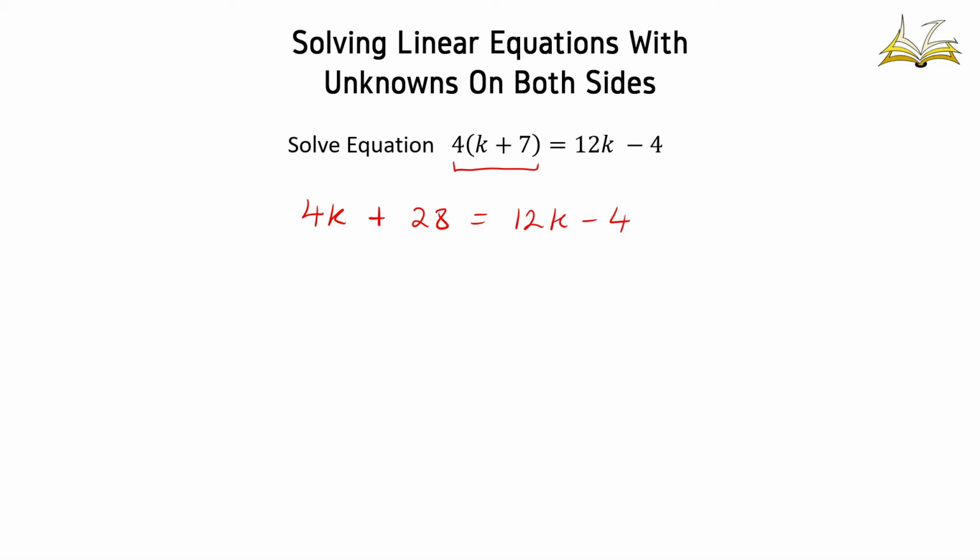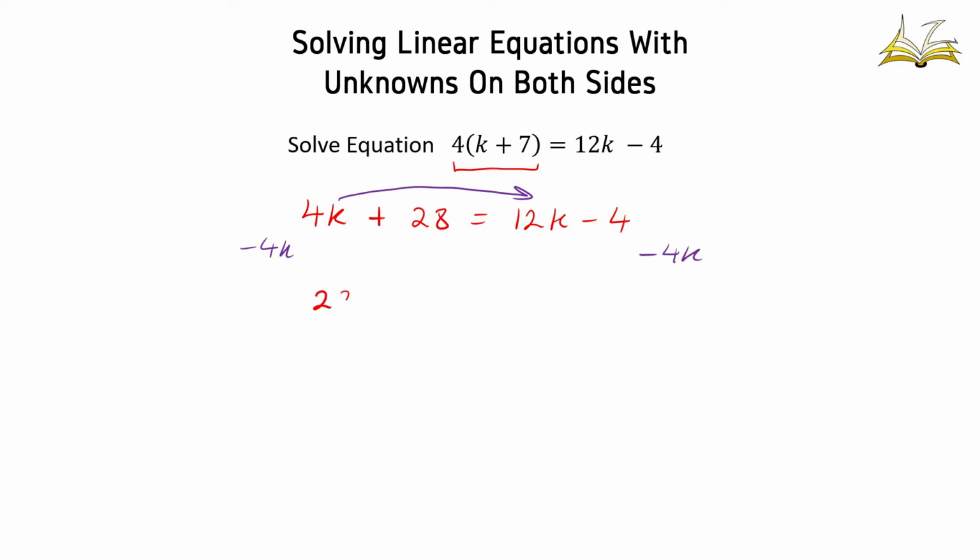The reason I've moved this 4k to the right is because I would like to move the smaller k. If that was any other term, I would always try and move the smaller one over. You'll see why in a second. So this 4k on the left, to move it over to the right, we have to subtract 4k on either side.